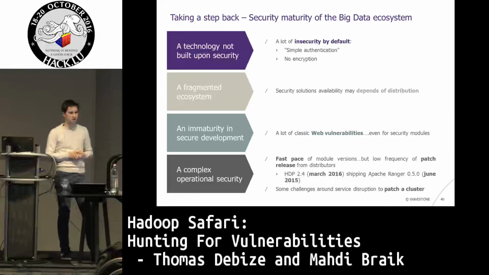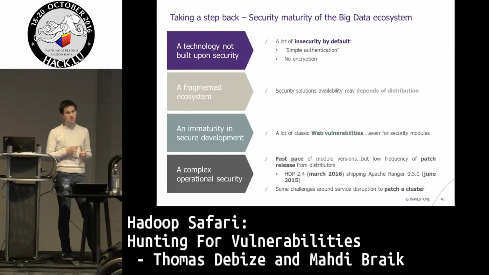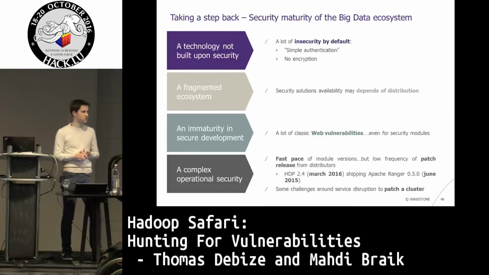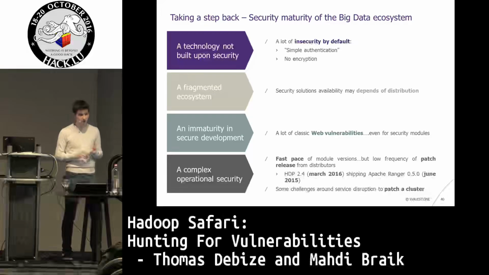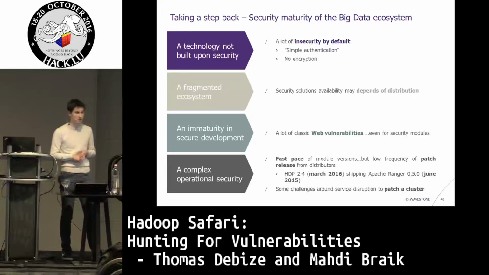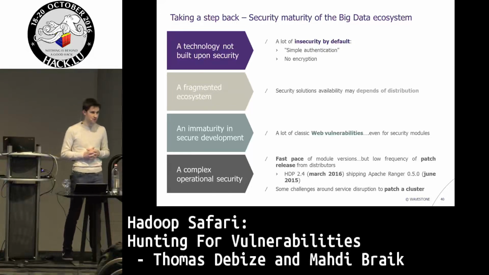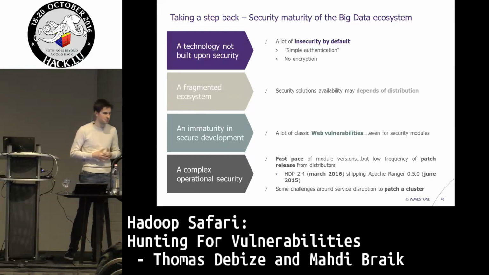It has simple authentication, which is identification, without any encryption by default, without any native encryption for flows or data storage. Then you have a fragmented ecosystem with distributions. Everything is supposed to be open source, but you have some distributions, as we've been reviewing with Cloudera, MapR, and Hortonworks. And some security solutions may not be available for your distribution. That's it.